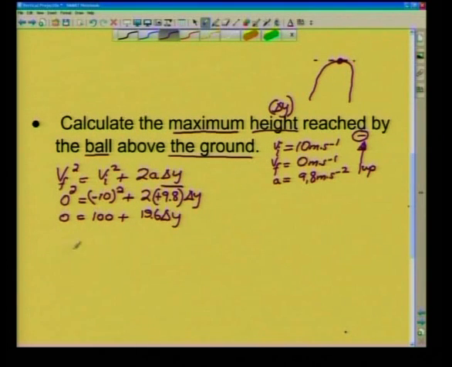Therefore, delta y would be equal to, taking 100 to this side, it must change sign, so minus 100, divided by positive 19.6.